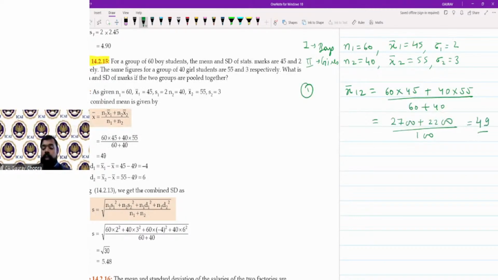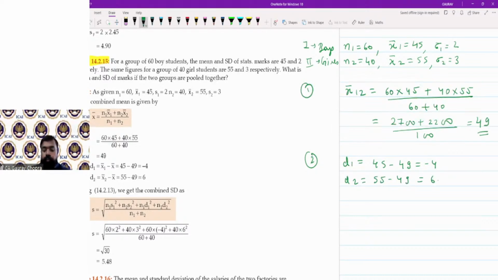So x bar 1, 2 is 49. Then in second step, we require D1, D2. So D1 is x bar 1 minus x bar 1, 2. It is minus 4. And then D2. D2 is 55 minus 49, which is 6.